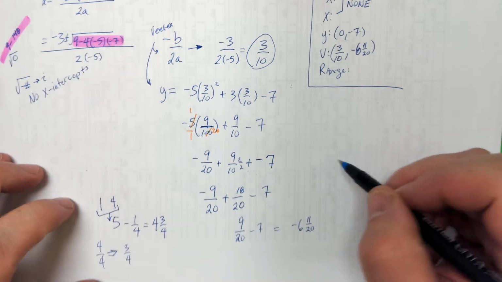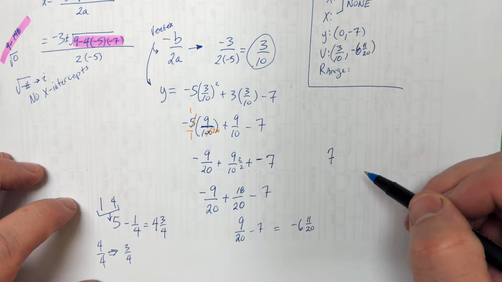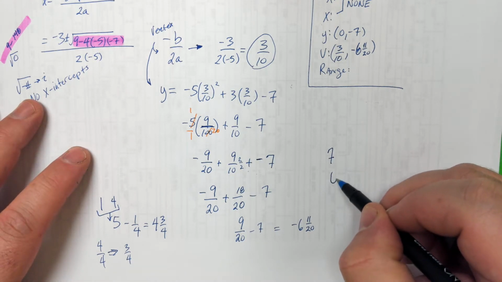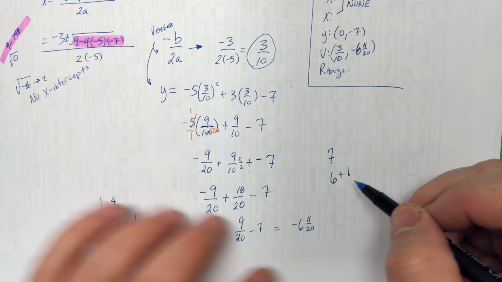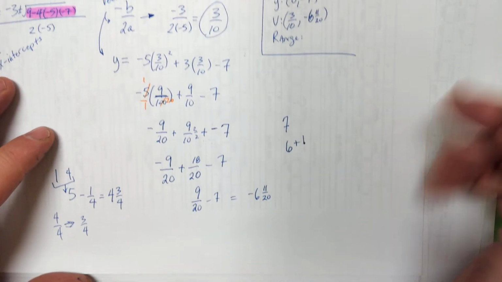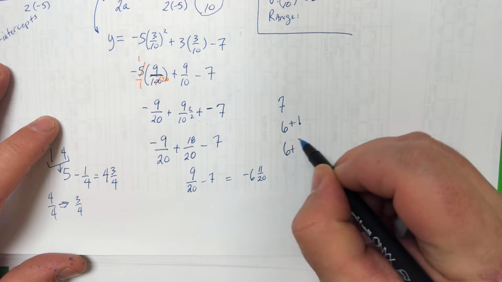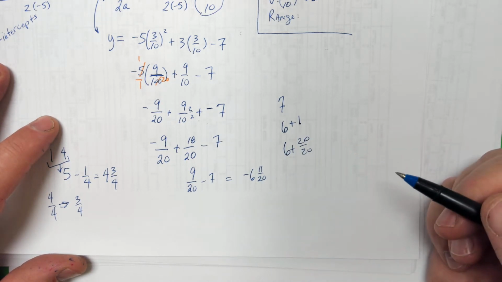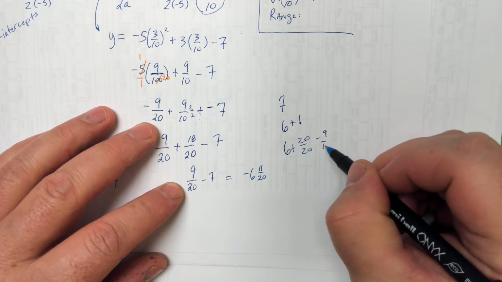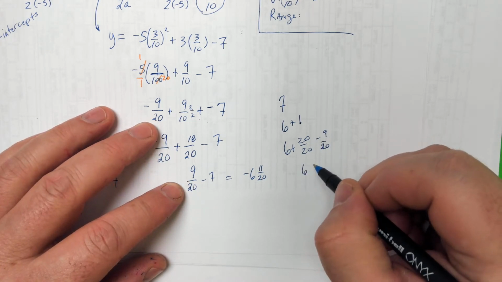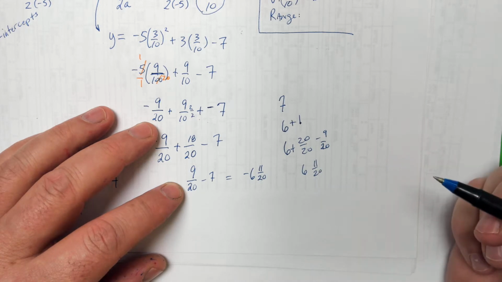Look, 7, wouldn't 7 be 6 plus 1? And if we're going to talk about a denominator of 20, wouldn't that be 7 plus 20 over 20? And if you're going to subtract 9 out of 20, doesn't that give you 6 and 11 out of 20?